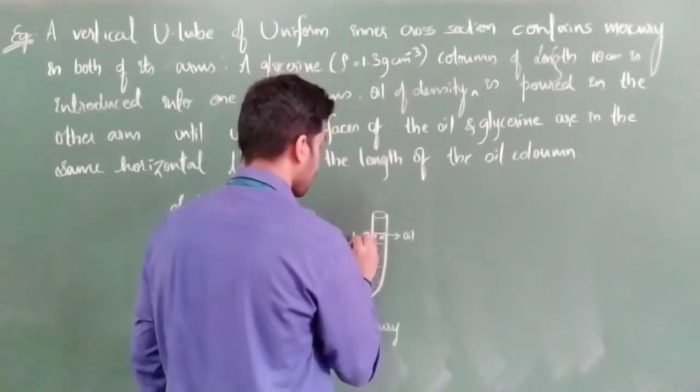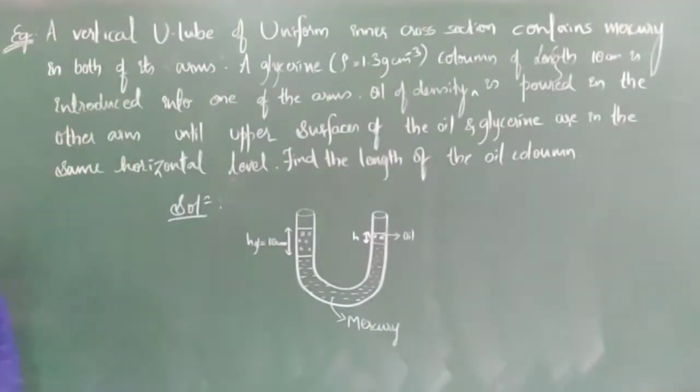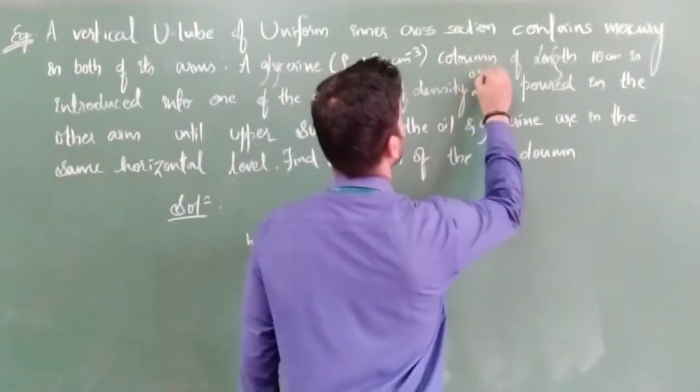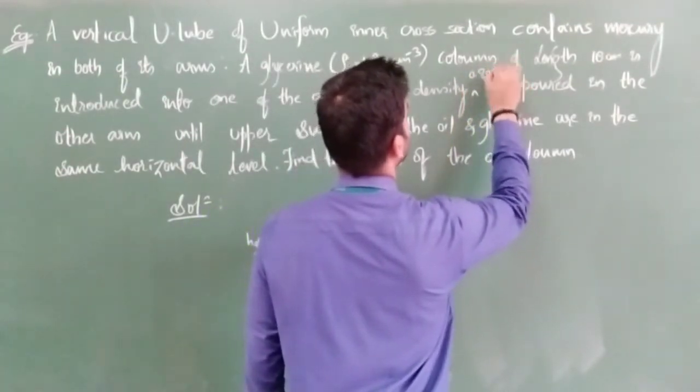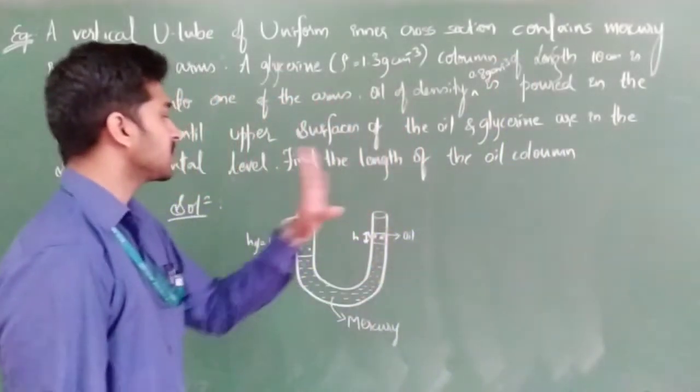Let me check about the density of oil, whether they had given or not. One second. They had given here 0.8 gram per centimeter cube. Okay, 0.8 gram per centimeter cube it is poured.